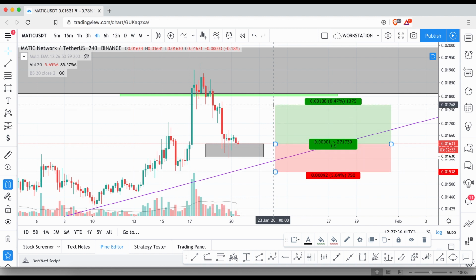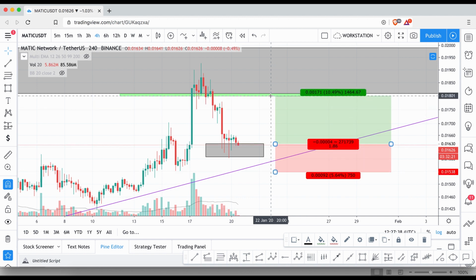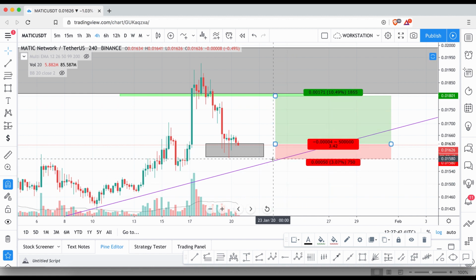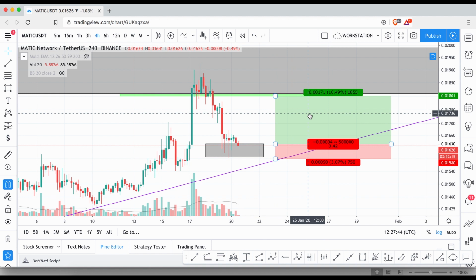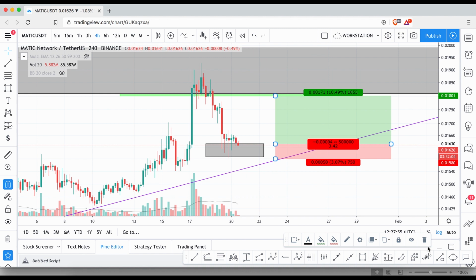And the target is about here, so 10%. If you would add the stop loss a little bit tighter, then it would be 3.42 risk reward, so 10 and a half percent up and 3% probable loss. Okay, so let's remove this for now.